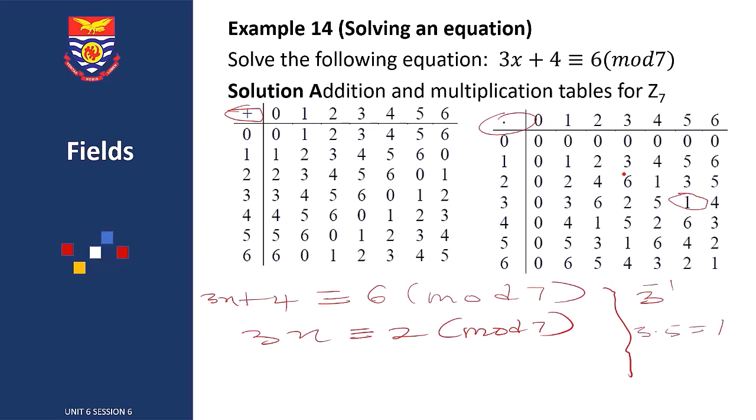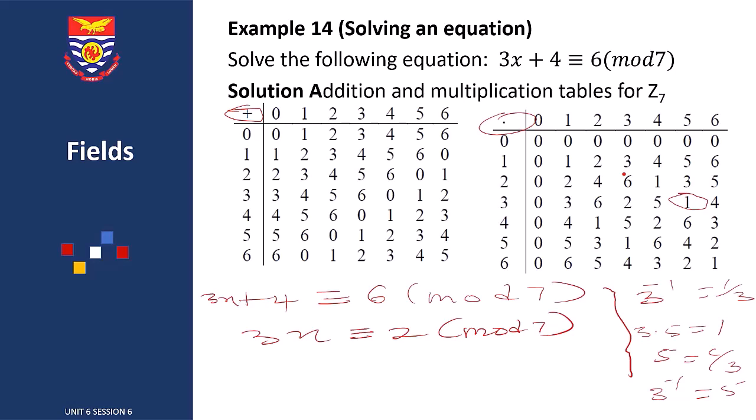So 3 to the power negative 1, the same as 1 over 3, means that 3 times 5 equals 1, so I can say that 5 equals 1 over 3. Therefore, 3 to the power negative 1 is the same as 5, and this is under multiplication modulo 7.